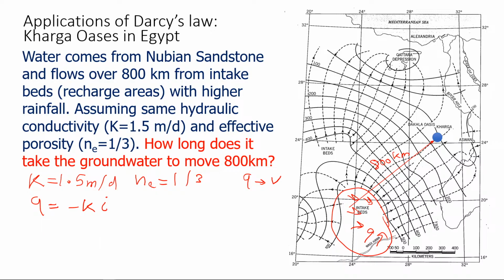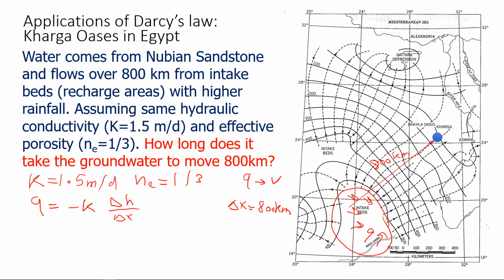Delta X is given, that is 800 kilometers.